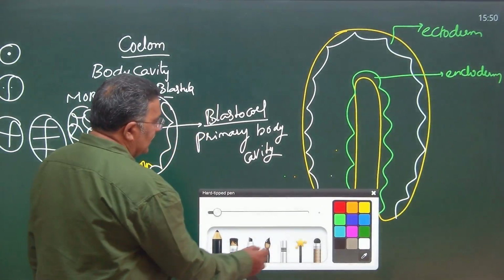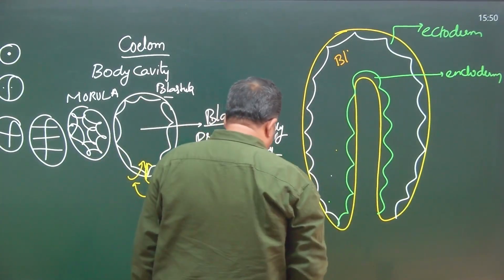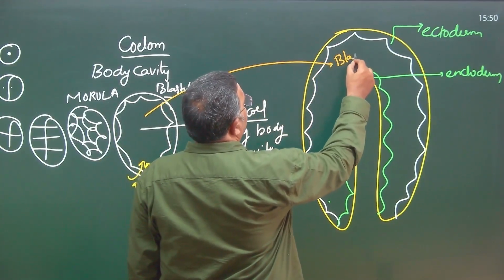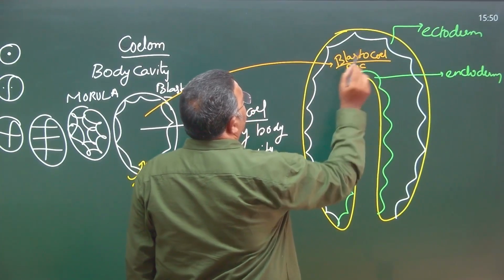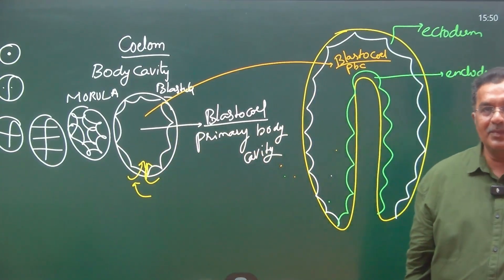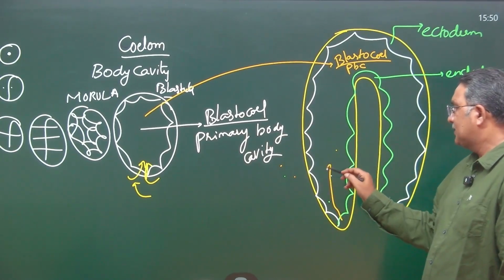Now let's go through this cavity. What is the cavity? The same cavity, blastocoel, or you may call it primary body cavity. To understand the coelom, this stage is crucial for us. Mesoderm will also appear.